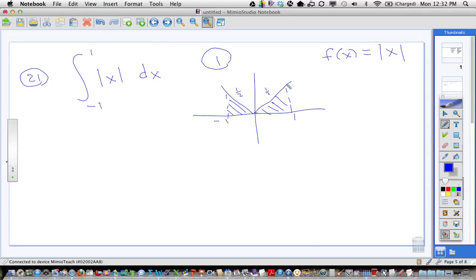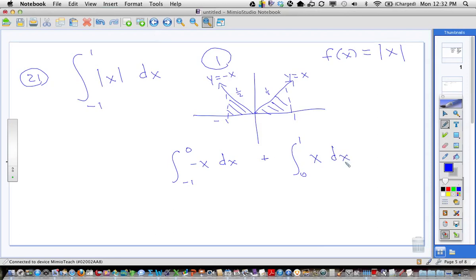What's the equation of this piece? That's y equals x. What's the equation of this piece? y equals -x. So let's do the integral from -1 to 0 of -x dx, and then the integral from 0 to 1 of x dx.